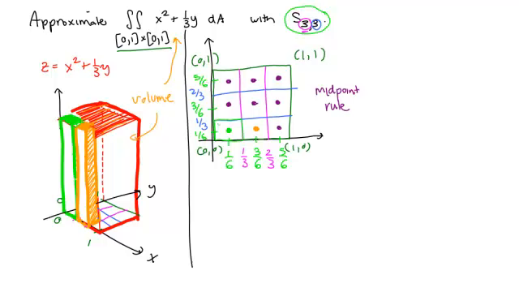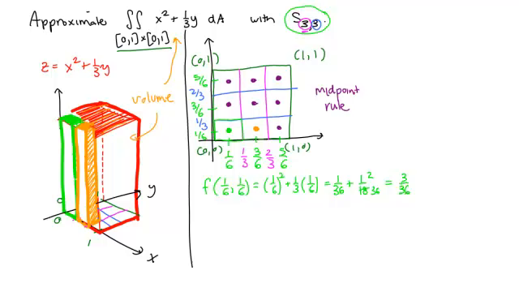So for this first rectangle, the sample point we're going to pick is the point (1/6, 1/6). The height of that rectangle will then be f(1/6, 1/6), which in this case would be (1/6) squared plus 1/3 times 1/6. So that'll get me 1/36 plus 1/18, and 1/18 is just 2/36. And so this will give me a grand total of 3/36.